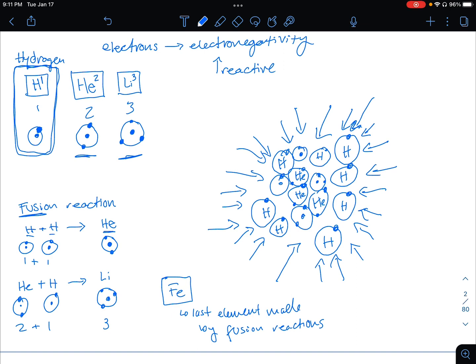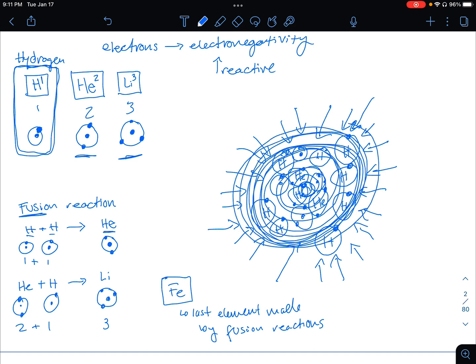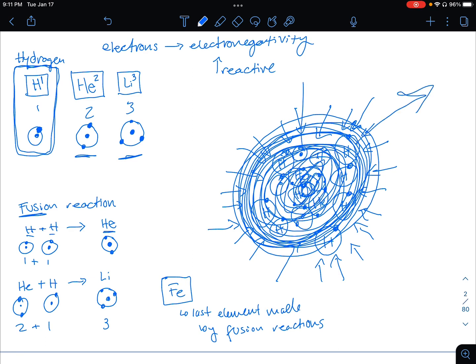So the first time that this occurred, there was so much fusing until it could not occur anymore, that we had a fission reaction, which is what led to the Big Bang, which means that so much happened in here. So much mass occurred until we then exploded.